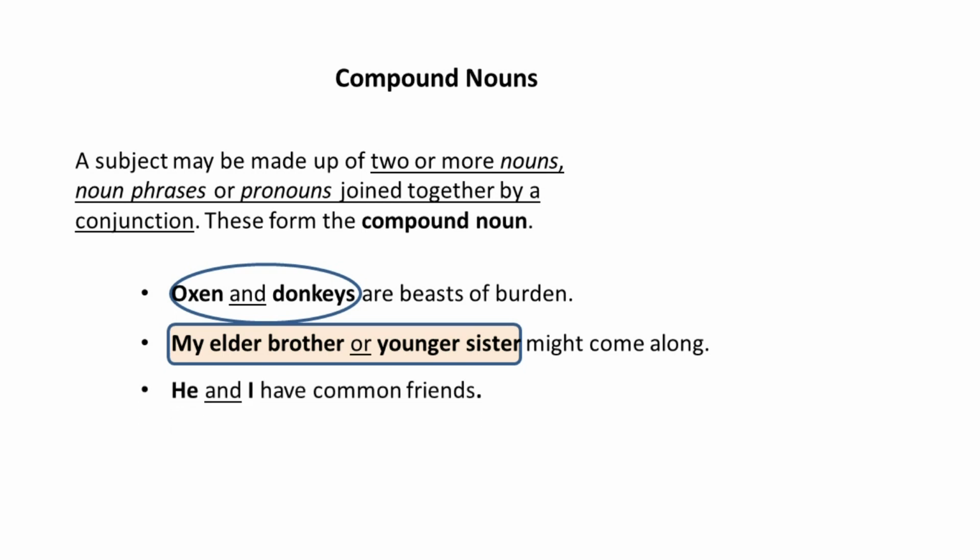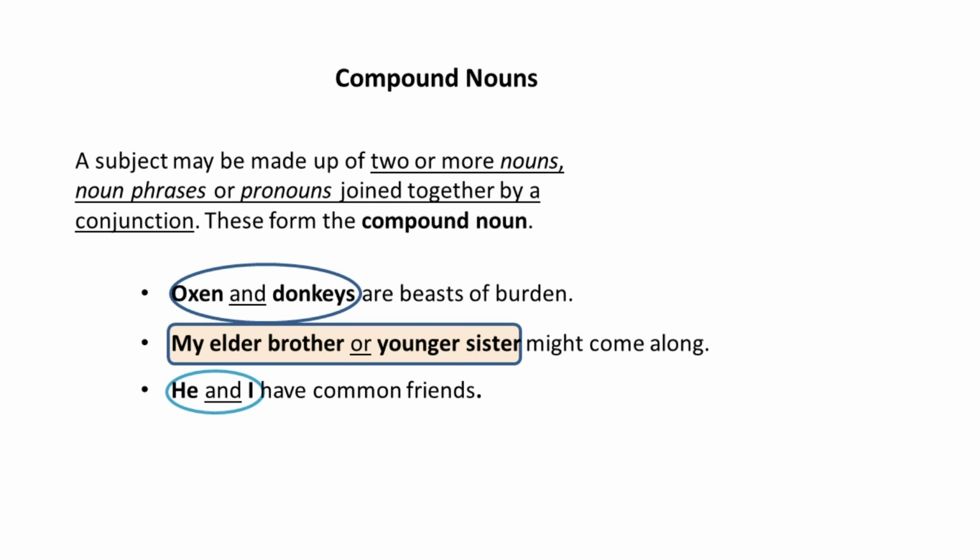The third example will be, he and I have common friends. He, I, both are pronouns, and they are joined by the conjunction and. Here also, both pronouns together function as the subject of the sentence. So once again, remember that a subject may be made up of two or more nouns, noun phrases, or pronouns joined together by a conjunction, and we call them compound noun.